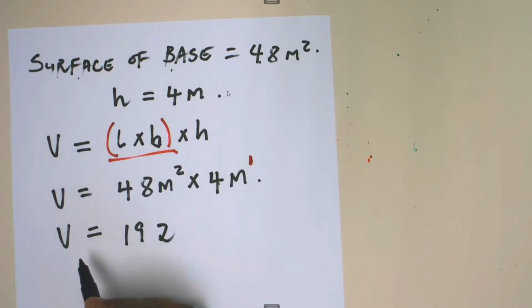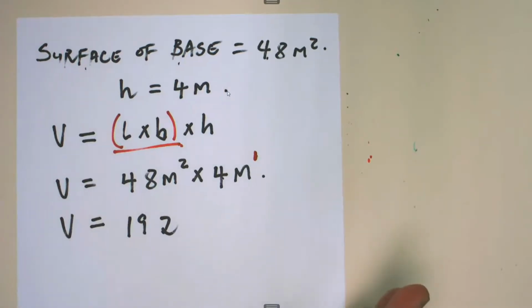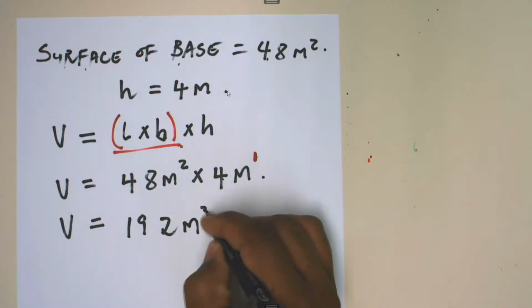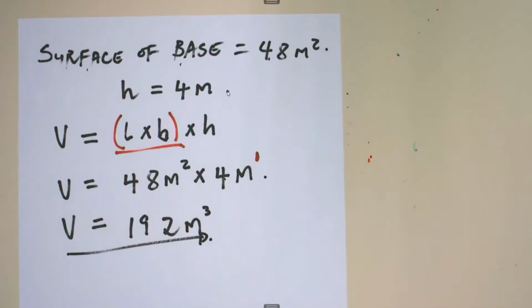And therefore, you know that when you are working with volume, it's either in cubic centimeters or cubic meters. And therefore, at this stage of the game, it will be our meter to the power 3, and therefore our answer will read as 192 cubic meters.